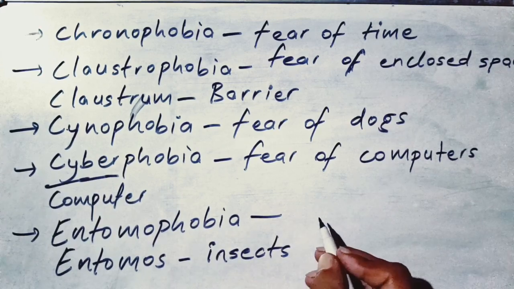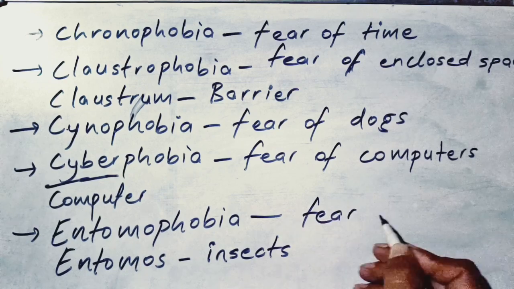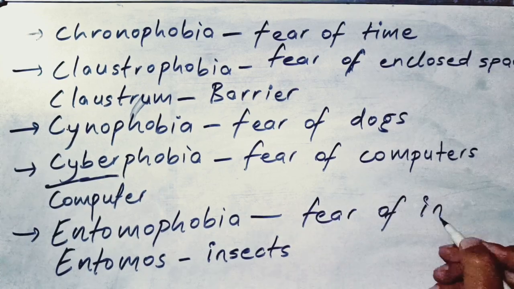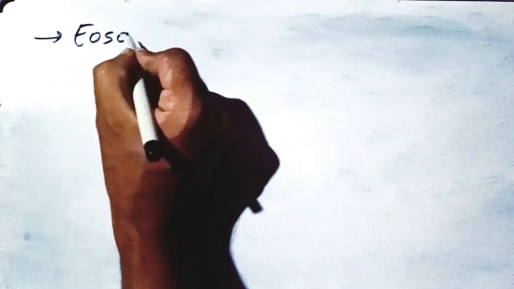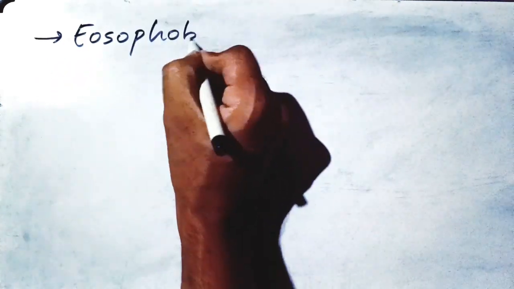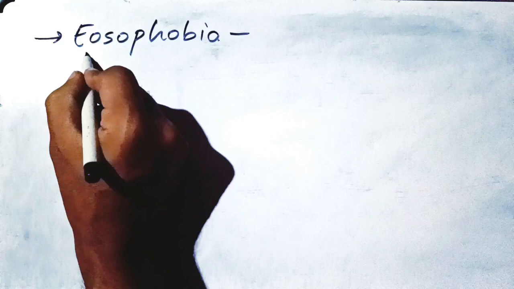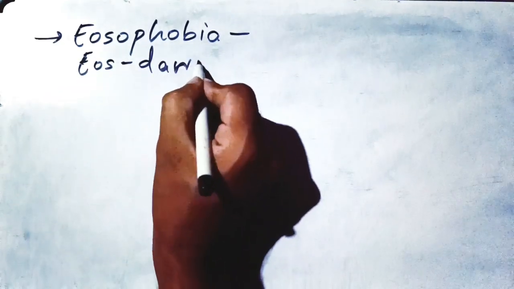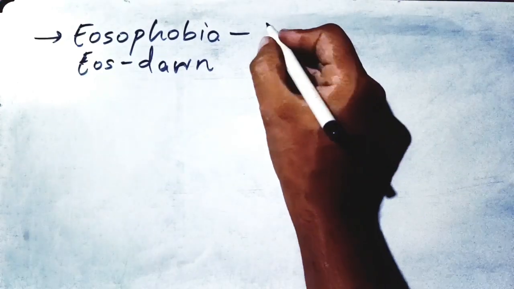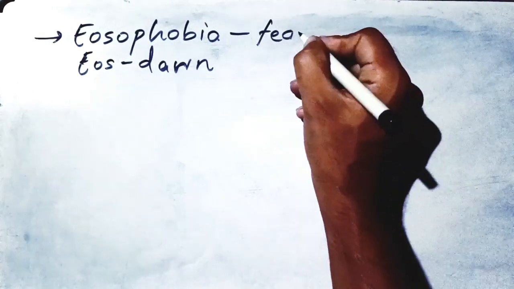Thus, entomophobia means fear of insects. Next is Eosophobia. Eoso roots to eos, meaning dawn. Thus, Eosophobia means fear of dawn.